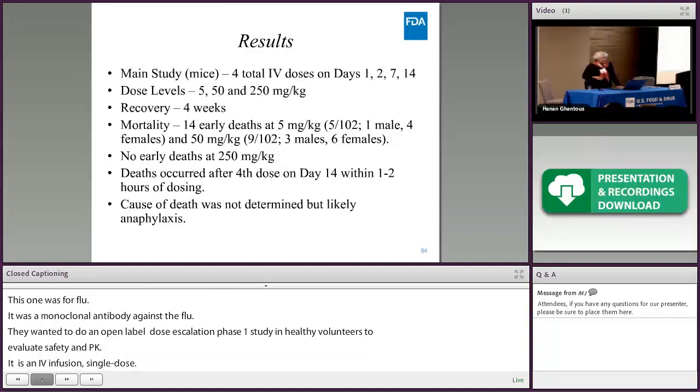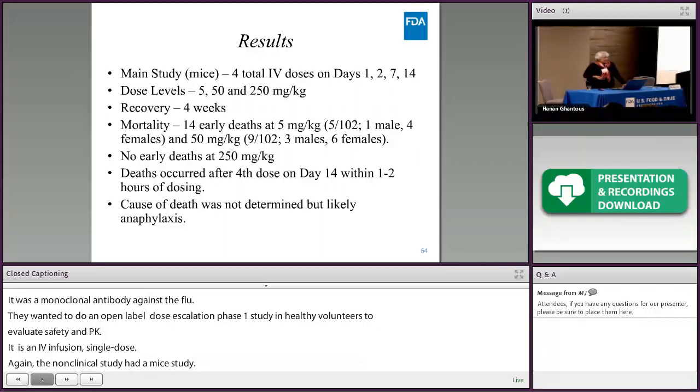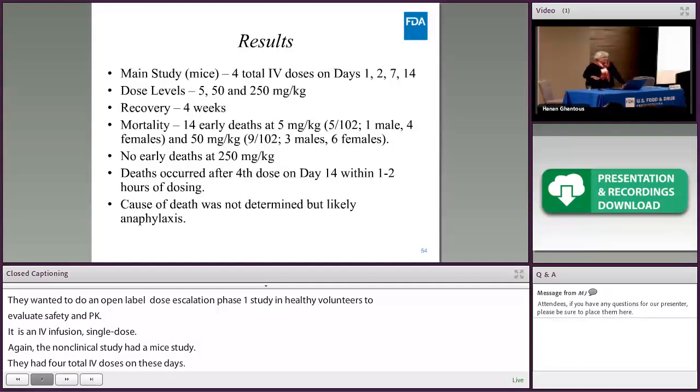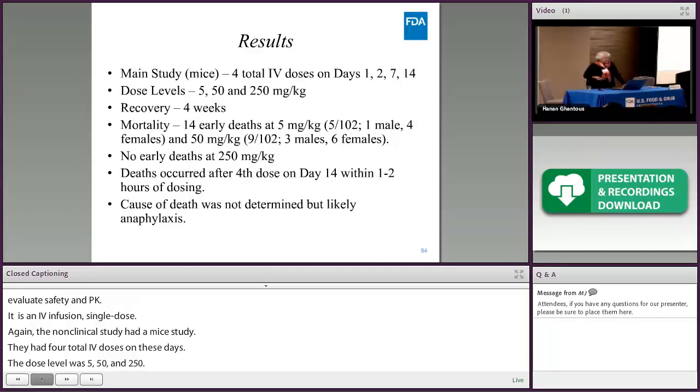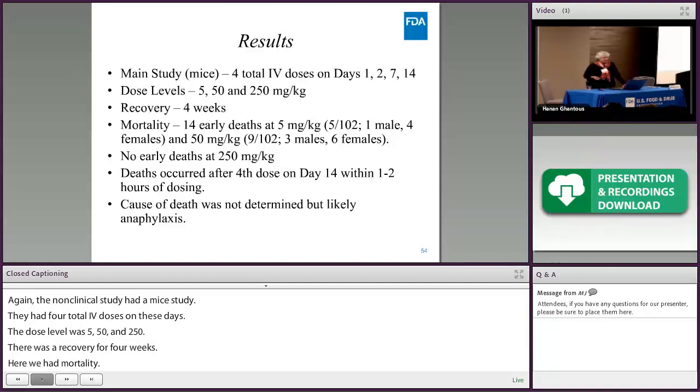So again, the non-clinical study, they had a mice study. They had 4 total IV doses on these days: 1, 2, 7, 14. And the dose levels were 5, 50, and 250. And there was a recovery for 4 weeks. So here we had mortality. 14 early deaths at the 5 milligram per kilogram dose, and also at the 50 milligram per kilogram dose.